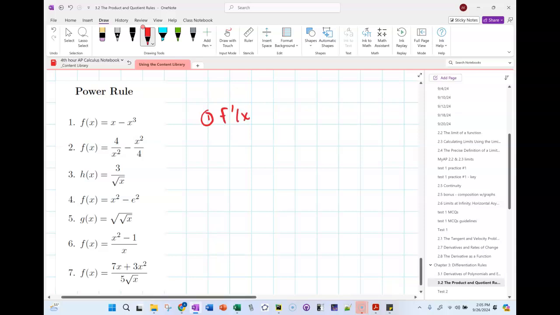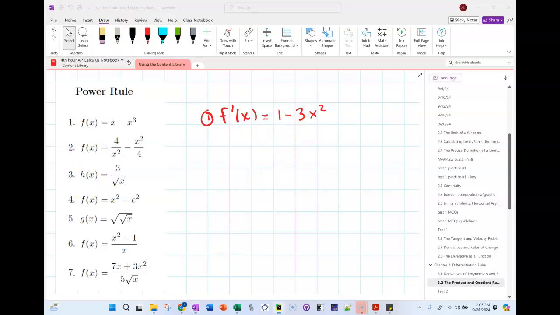So we'd write f prime of x equals 1 minus 2x, plus 3x squared. Perfect. Pretty straightforward, not much to do.